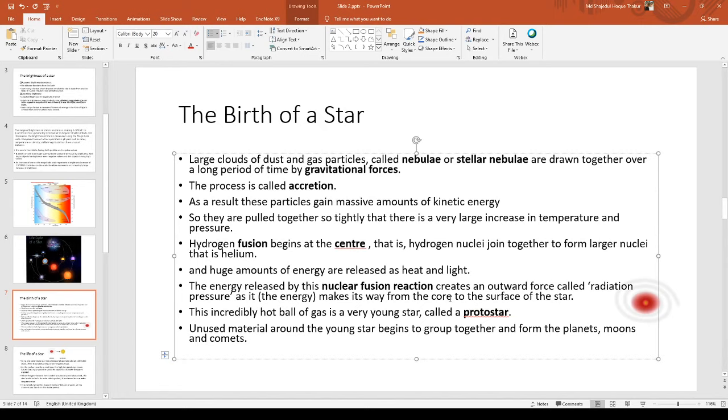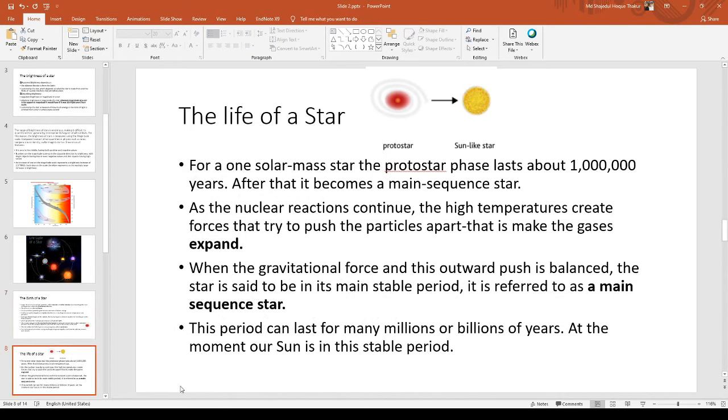Okay, because the smaller the star gets, the higher the temperature and pressure gets, and more fusion reactions start to occur. As more fusion reactions continue to occur, the high temperature creates forces that try to push the particles apart, that is, make the gases expand.